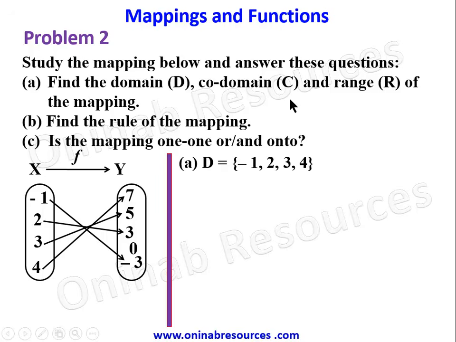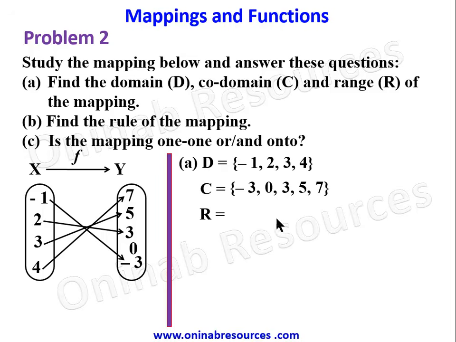Then also our codomain is the elements in Y. So we have -3, 0, 3, 5, and 7. Now to get the range.